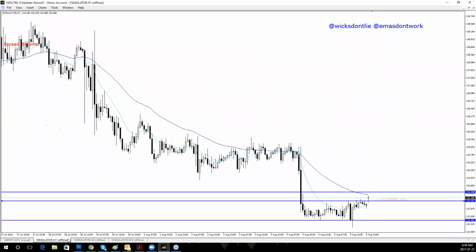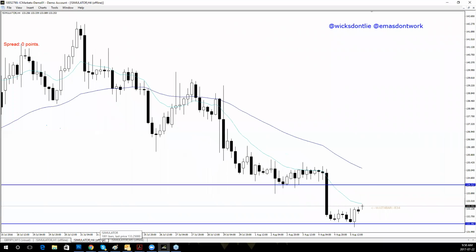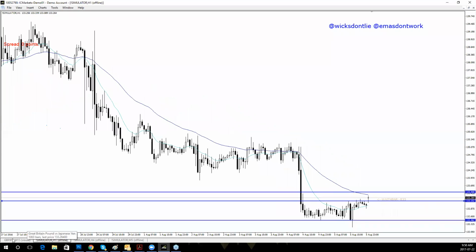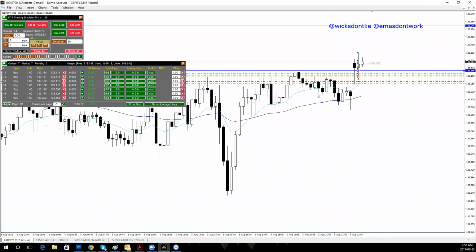Let's look at 1 hour. 4 hour. If we're going up, 4 hour sure looks like it bounced from support over here. That big bull candle on the 4 hour looks good.